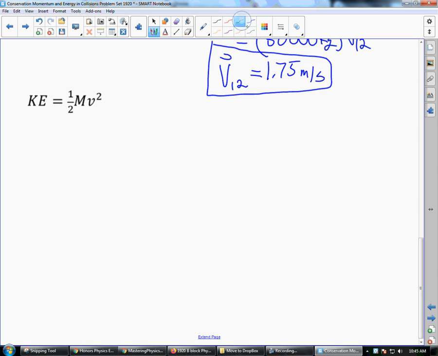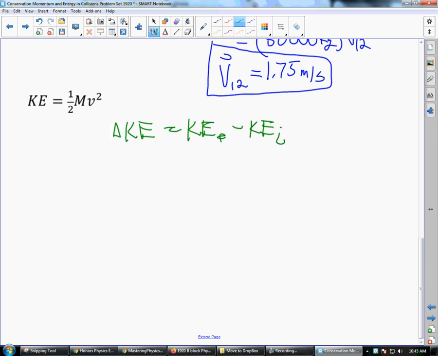We'll have delta KE equals final minus initial, right? They're always set up that way.